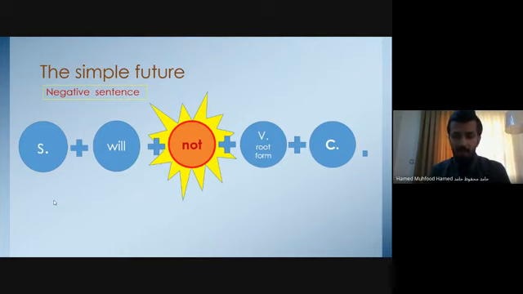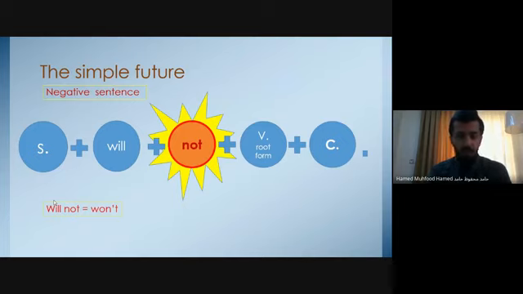So please pay attention to this. Maybe it looks so easy to many of you, but believe me, there are those students who make such mistakes. And of course, the contracted form of will not is won't, right? So this is how to form a negative sentence in the simple future tense.